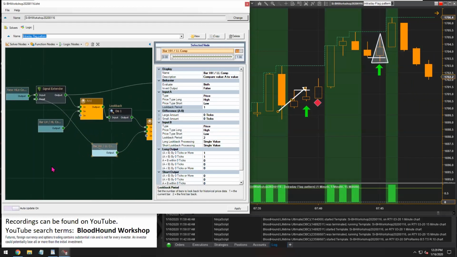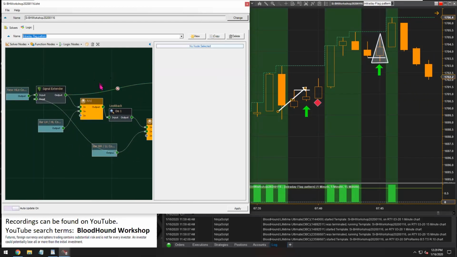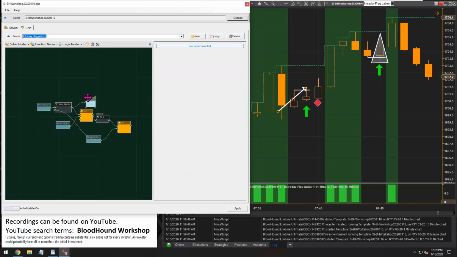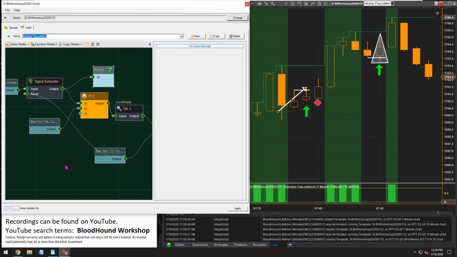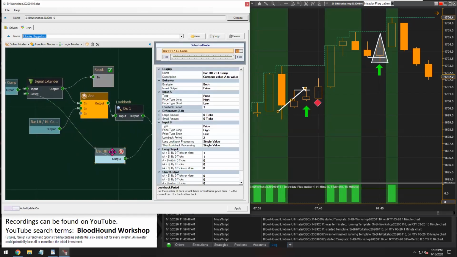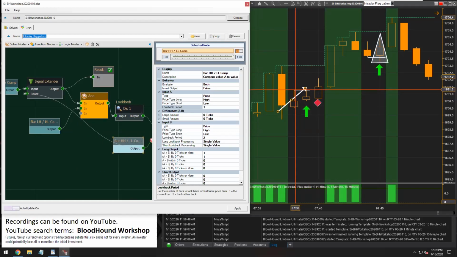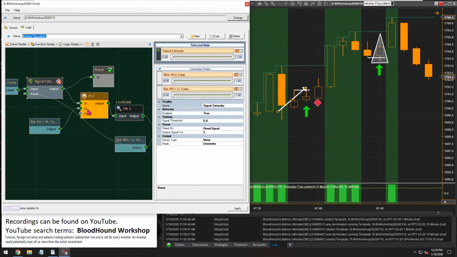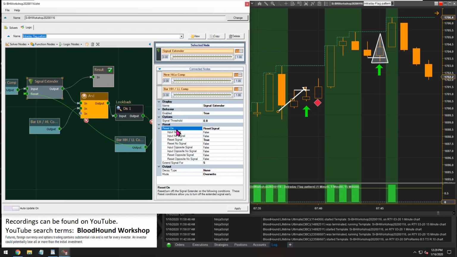Let me zoom in here. Yeah, let's zoom in so we can see what's going on. All right. So I'm taking this higher high detection, feeding it into the reset, and I just now need to go into the resets here.